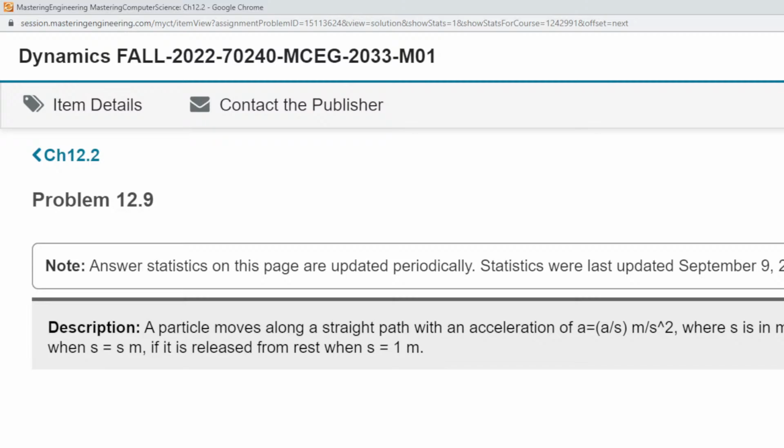Now, he should have told me the particle's velocity when it's released from rest. So there's your key: when S is equal to 1, it's released from rest, meaning the initial velocity is 0. I can just copy that over right there, and the whole thing on the right becomes 1/2 B squared.